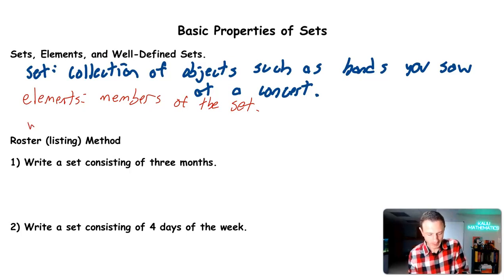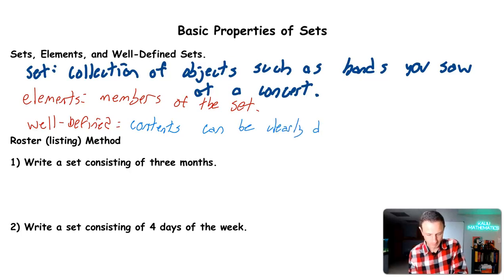And when we have a set, we need it to be well defined. The definition of well defined is that the contents of the set can be clearly determined.